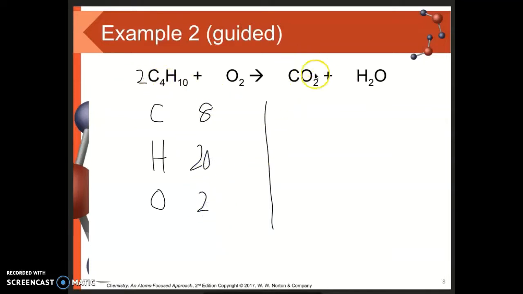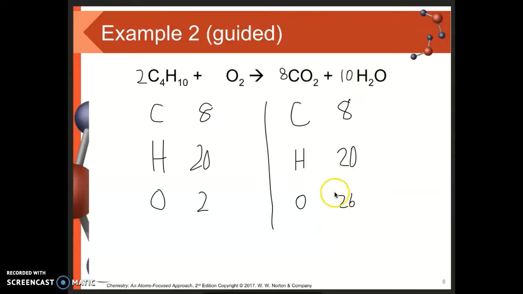If I carry that over onto the other side, my 4 carbon dioxides now become 8, my 5 waters now become 10, and so once I take care of those, 8 carbons, 20 hydrogens just like before, 8 times 2 is 16 plus 10 more, 26 oxygens in total.